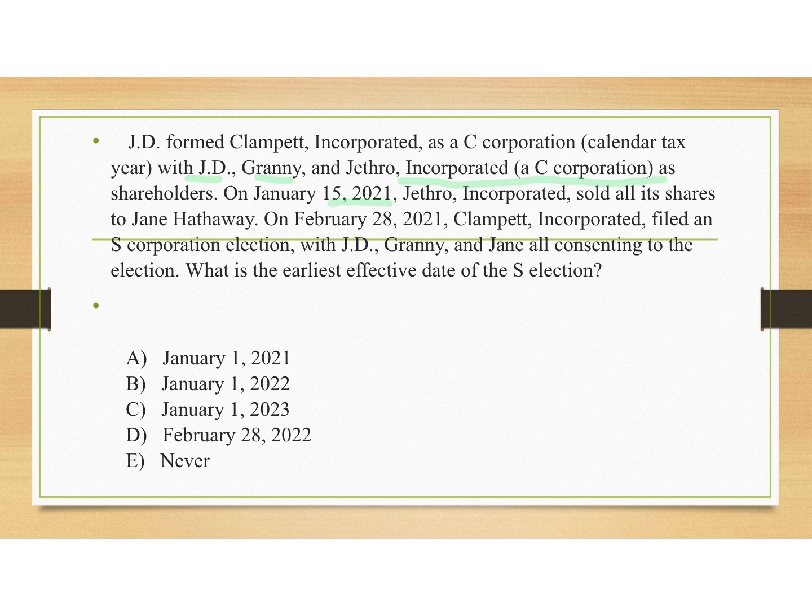So the C corporation is selling all of its shares to Jane Hathaway. All right, so on February 28th now of 2021 still, Clampett Incorporated filed an S corporation election with JD, Granny, and Jane all consenting to the election. So they no longer have an ineligible shareholder. All right. What is the earliest effective date of the S election?